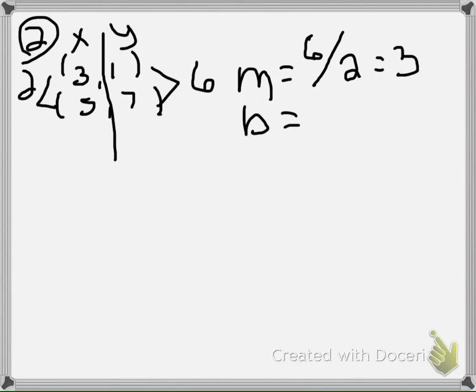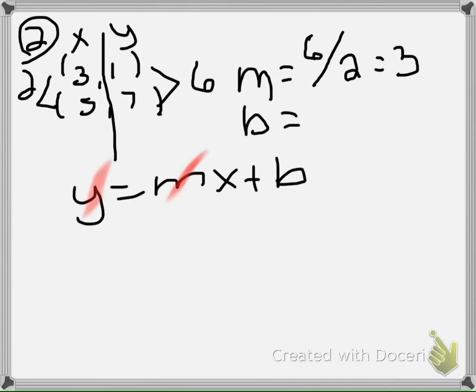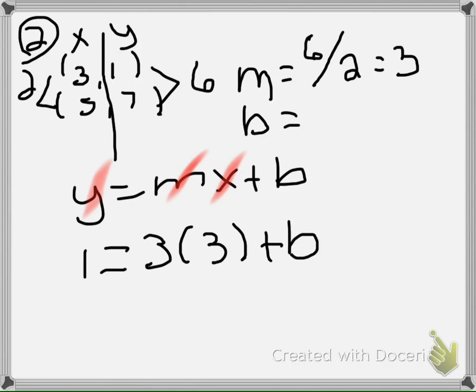In order to get my B, I need to substitute 3 things into Y equals mx plus b. 1, 2, 3. Here's a Y. Here's my M. Here's my X. 1 equals M X plus B. This tells me to multiply. To get the B by itself, I have to get rid of the 9.